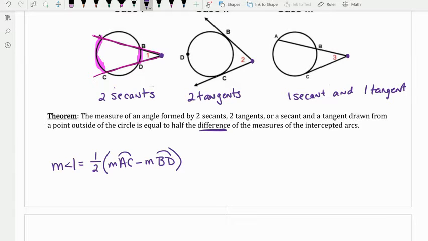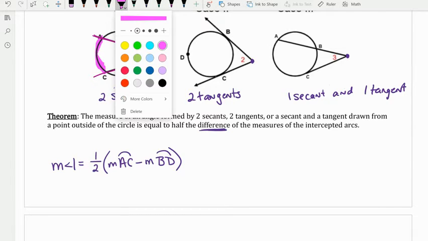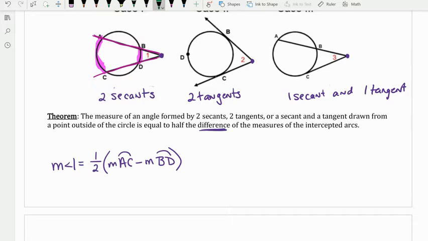The second one with two tangents, it's the same thing. Let's see if we can do this one in a different color so you can see it better. Use green. Okay, so I've got my two tangents over here. For these two intercepted arcs, I'm going to look at the big one out here and then the small one here. Now this one's technically almost the whole circle, but they're meeting at those points there.